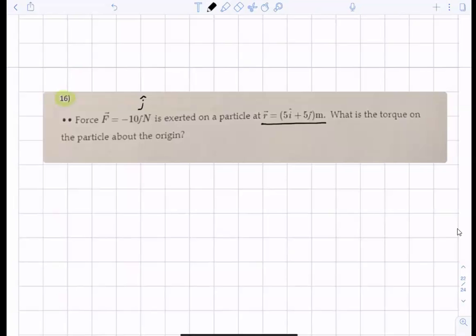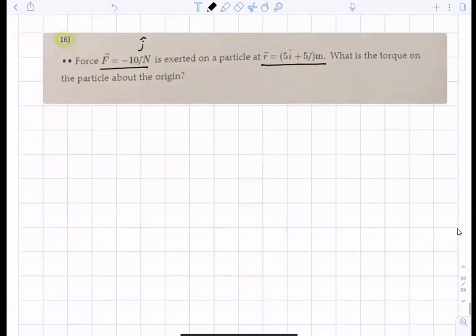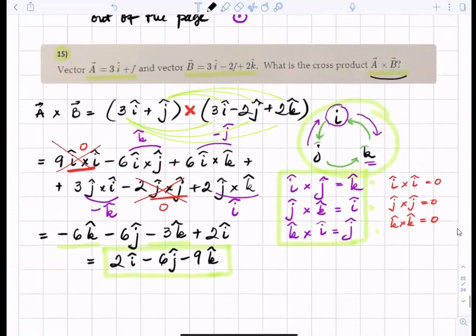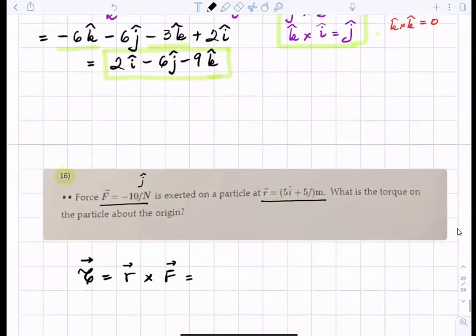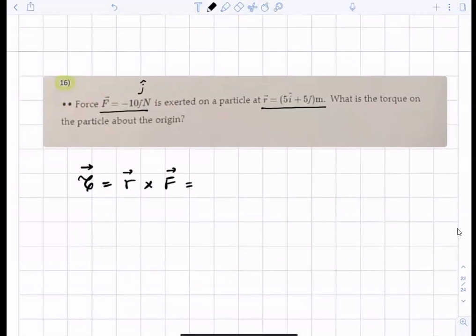Since you have the position from the origin given by r, you have the force. They are both vectors, so you know what the torque is. So tau, which is your torque, as a vector, is the cross product between r and f. So now we're going to depict them. It's like taking the application from above and putting it a little more into physics. Good, so let's copy what we have here.